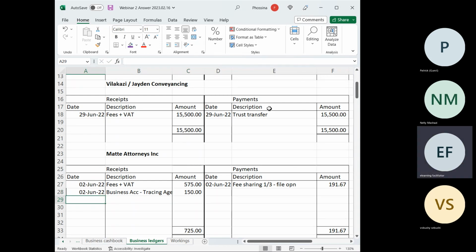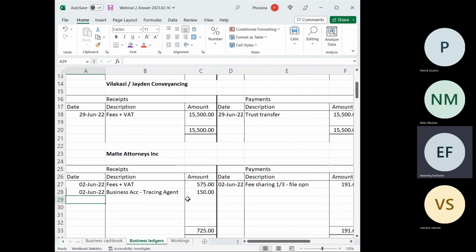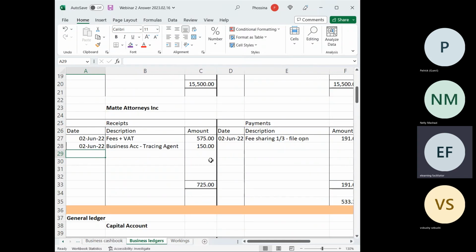It's a payment that we've made on behalf. With this one, we are not sharing with them. It's a disbursement. We will need to recover the disbursement in full, because we are rendering a service to the client. We shouldn't suffer in paying for them, so we'll recover it when money comes.